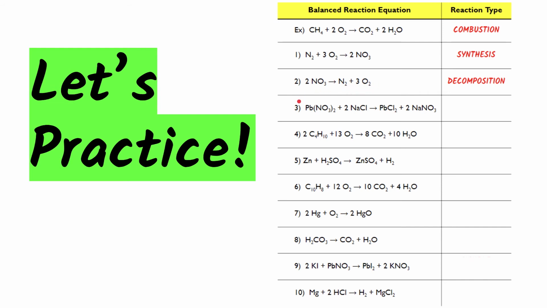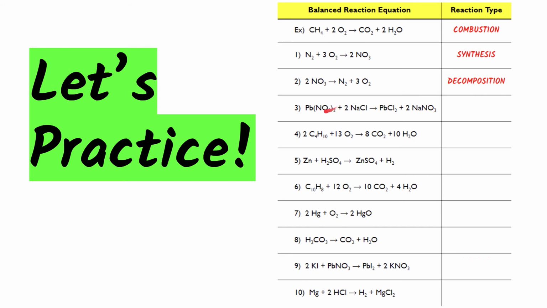Number 3, Pb(NO3)2 plus 2NaCl reacts to form PbCl2 plus 2NaNO3. There's a lot going on here. When I see this many letters in a chemical formula, I'm going to stop and check. Pb ends up with Cl2, Na ends up with NO3.